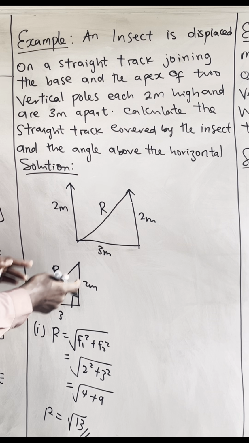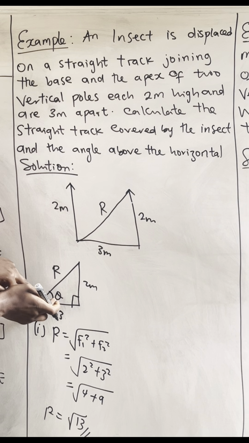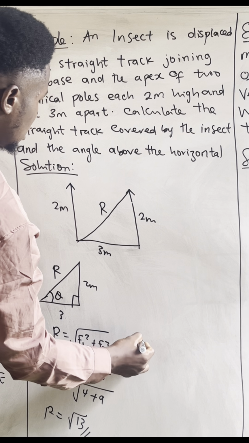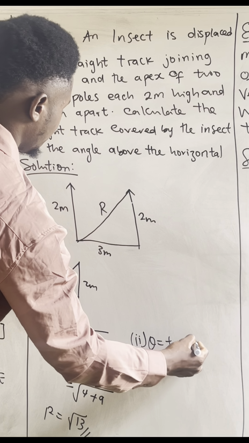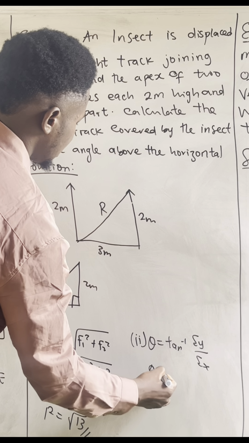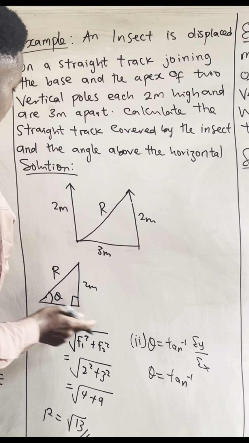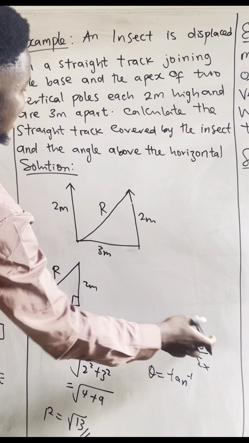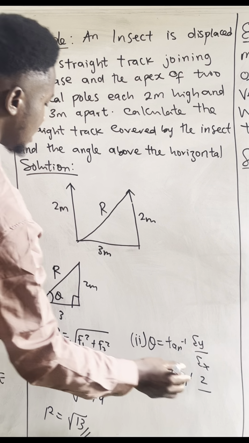If I want to calculate the angle above the horizontal, this will be theta. I will just use theta is equal to tan inverse of summation y over summation x. Summation y, that is vertical, that is 2, and summation x, that is horizontal, that is 3.